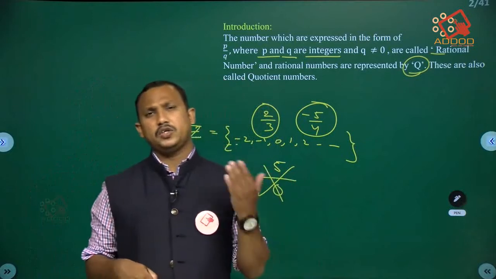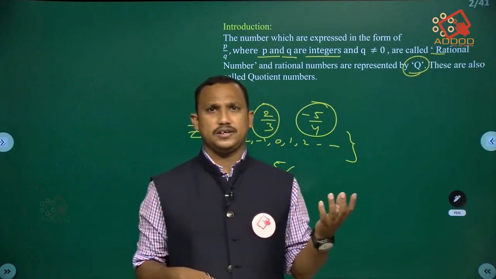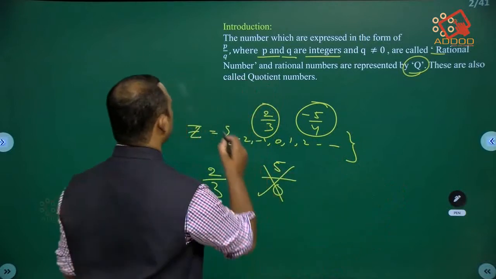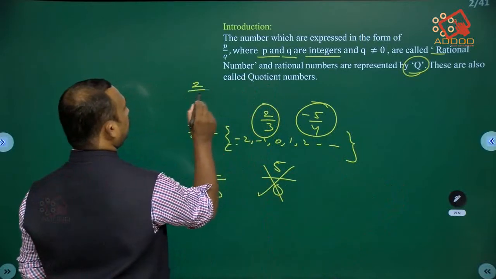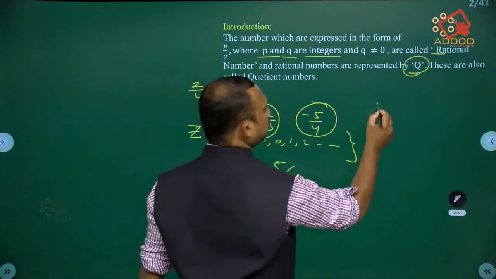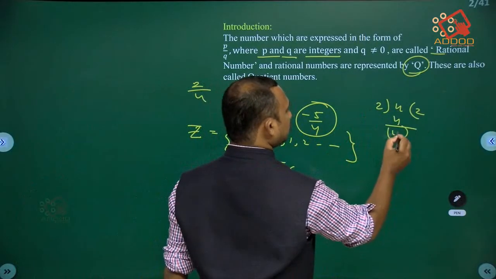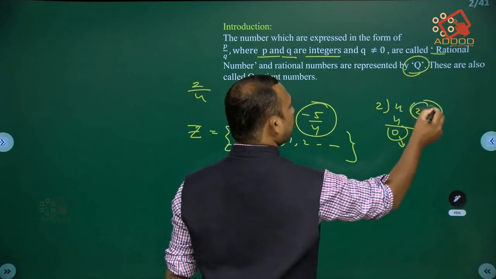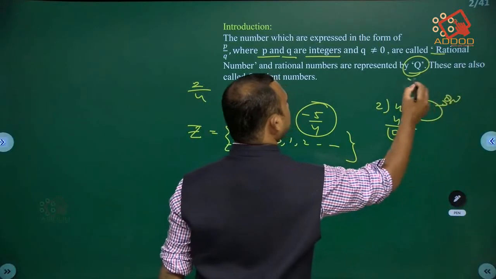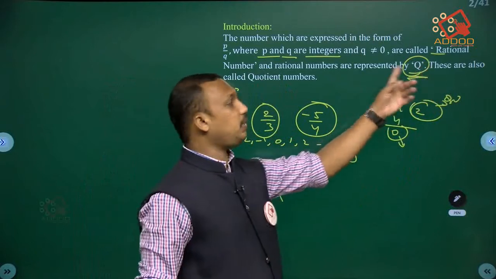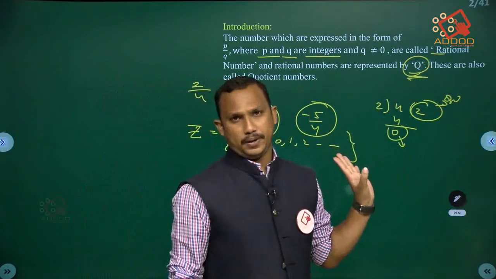When you divide 2 by 3, the answer we get is called the quotient. Suppose 2 by 4 is there. If you divide 2 and 4, 2 2s are 4, and this part is called the remainder. So what is this answer part we call? Quotient. The starting letter of quotient is capital Q. That's why rational numbers are denoted with capital Q.